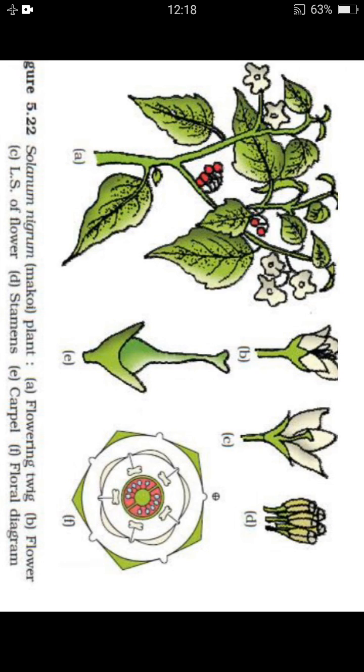Next, another important point, persistent. What is meant by persistent? If they remain even after fertilization along with the fruit, it is called persistency. That phenomenon is called persistency. Such sepals are called persistent sepals. Example, brinjal. Have you seen brinjal fruit? Here you can see on the diagram.